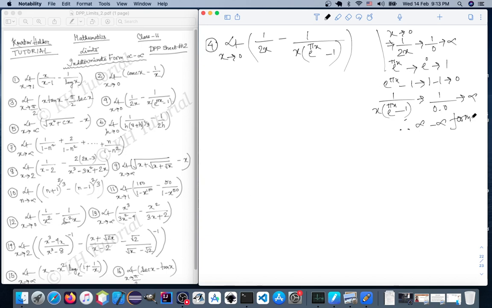So now, as usual, let's simplify this expression by taking LCM so that we get the form 0 by 0. So what do we get? 2x e to the power pi x minus 1.